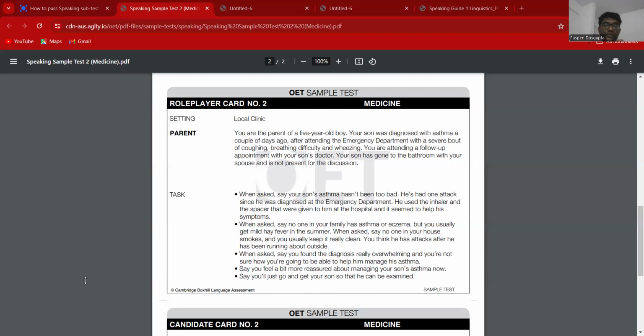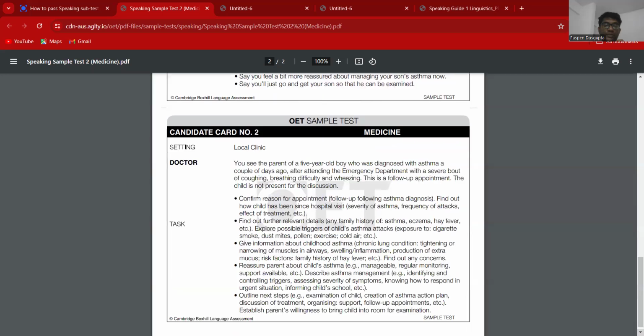So I'm supposed to confirm the reason for this appointment, follow-up following asthma diagnosis, and find out how the child has been since his hospital visit, the severity or frequency, and how effective the treatment is. Find out any family history like asthma, eczema, hay fever, and if anyone else in the family has a similar episode.